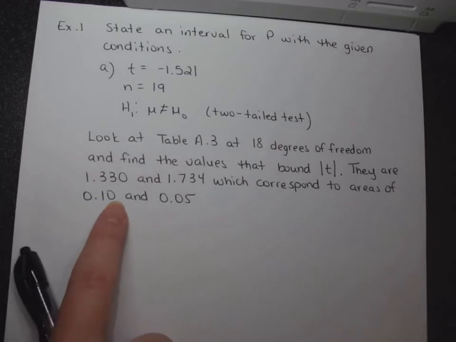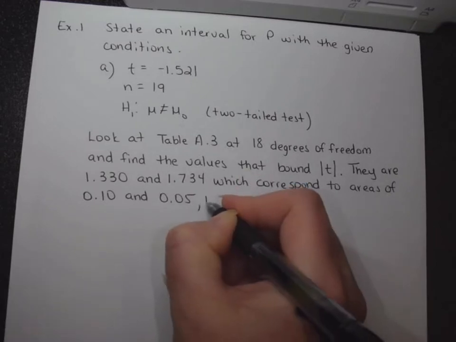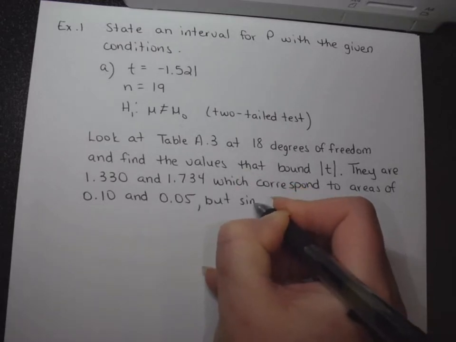So notice the area in the right tail, if you look at your picture on your table, is 0.10 and 0.05. But in a two-tailed test, we have two of these tails.